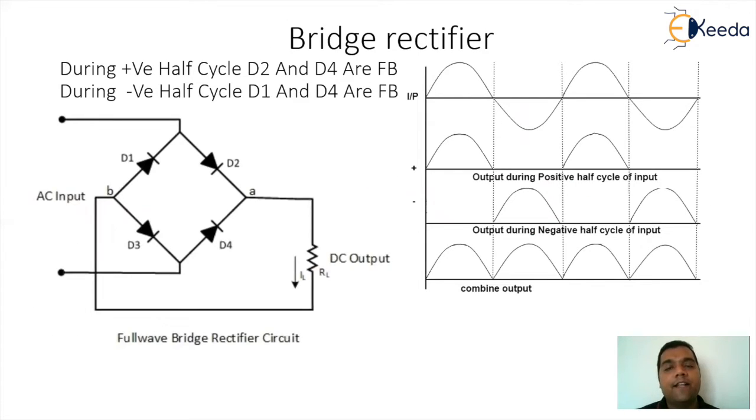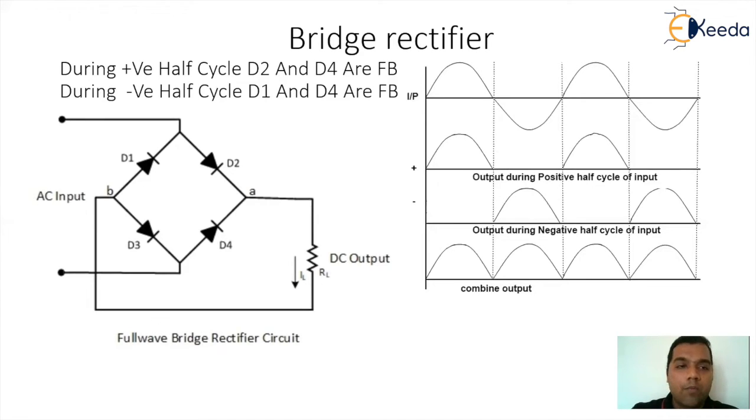Now, a similar effect can be realized using a bridge rectifier circuitry. In the bridge rectifier circuitry, the input side is basically again an AC source with a normal transformer. Here we are not going to use a center tap transformer. The circuitry is not shown because I am just concentrating on the diode section. So if you can see, the diode section is going to have 4 diodes, D1, D2, D3, D4, and they will work in a particular combination.